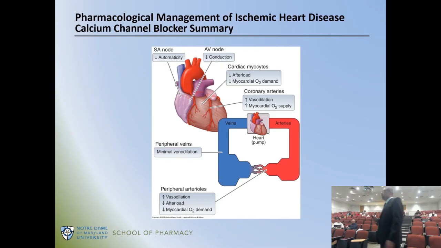It's minimal. The big effects here are, again, the effects on the SA and AV node, which ultimately lead to a reduction in heart rate, okay? When we reduce SA nodal activity and the conduction of electricity through the AV node, that will reduce heart rate, okay? And then we've got our effects on the cardiac muscle cells right here, cardiac myocytes. Okay? All right?